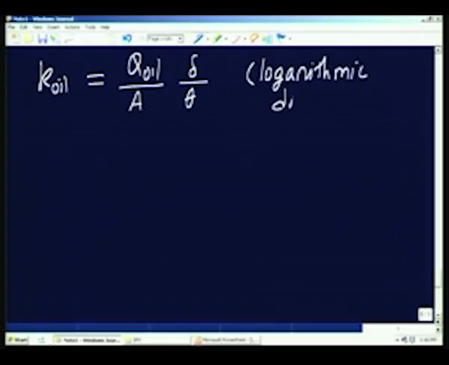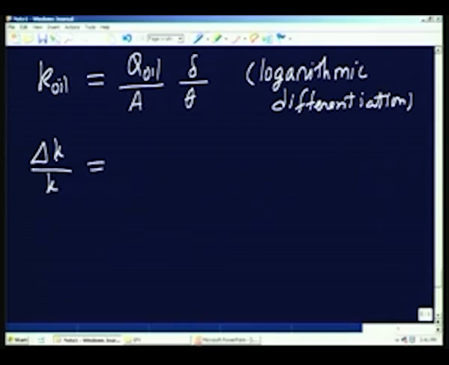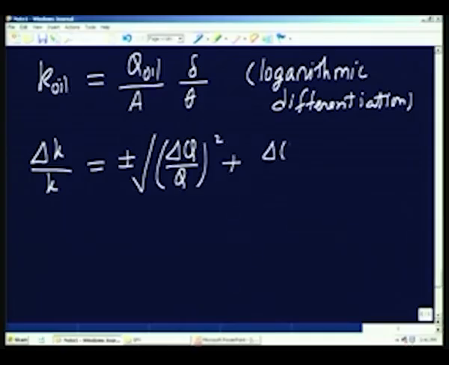which you remember we have done earlier, and therefore, delta K, I will drop the subscript. We know we are talking only about the K of oil. Delta K by K is equal to plus or minus square root of delta Q by Q whole squared plus delta theta by theta whole squared. And we have determined all the quantities earlier.